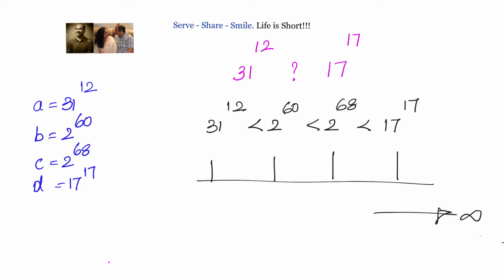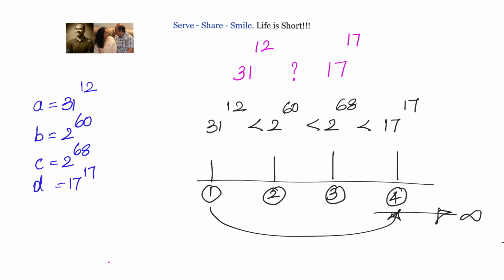Then obviously this value is less than this value. So we can say that 31 to the power of 12 is less than 17 to the power of 17, or we can say that 17 to the power of 17 is the greater number.